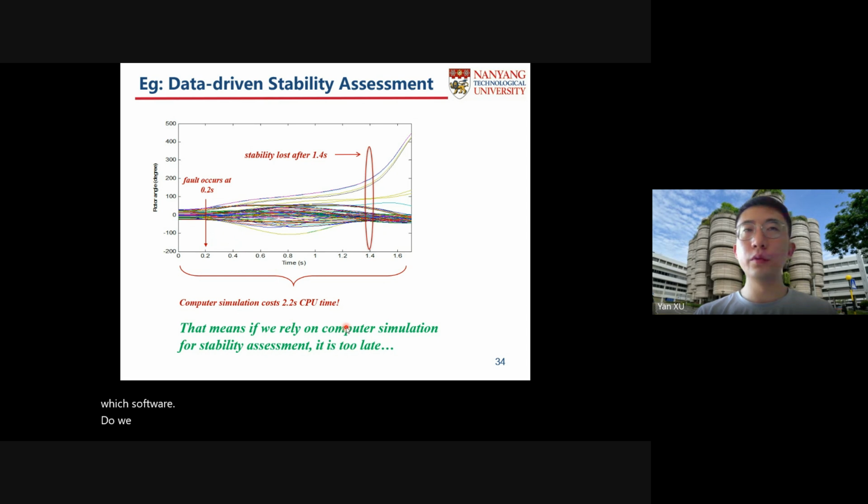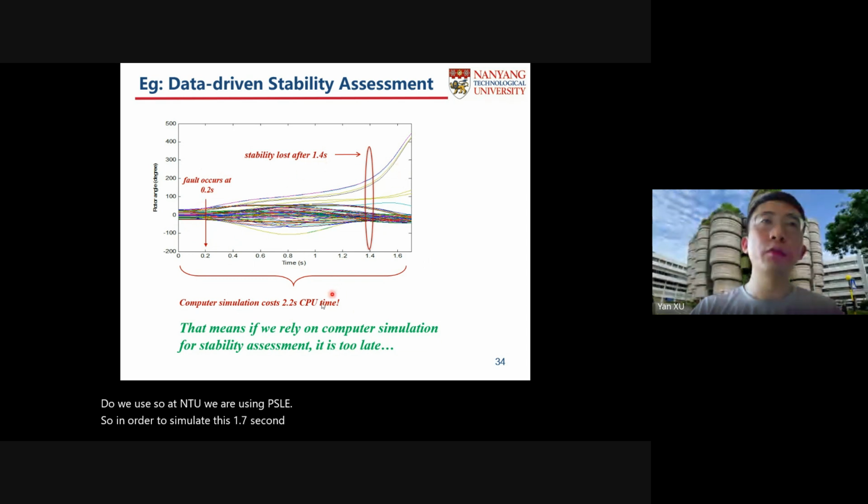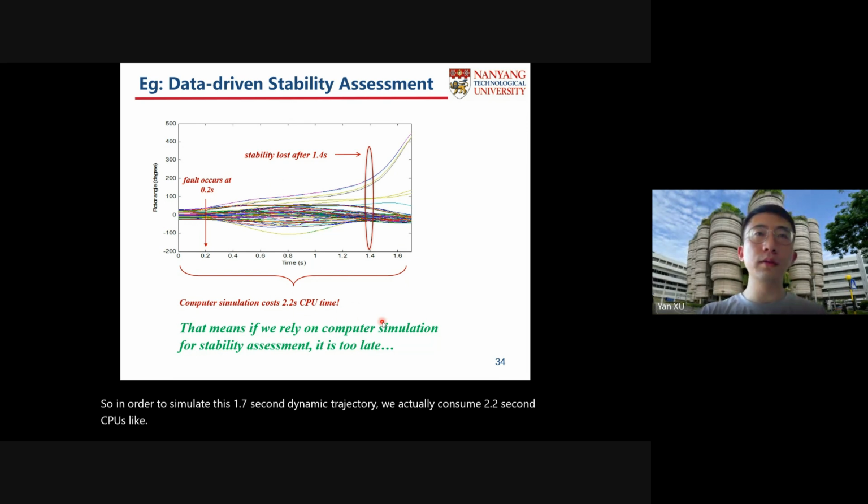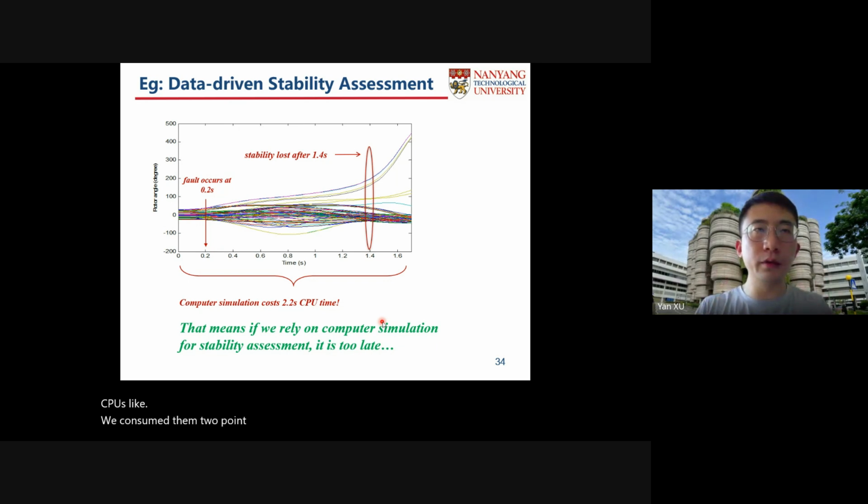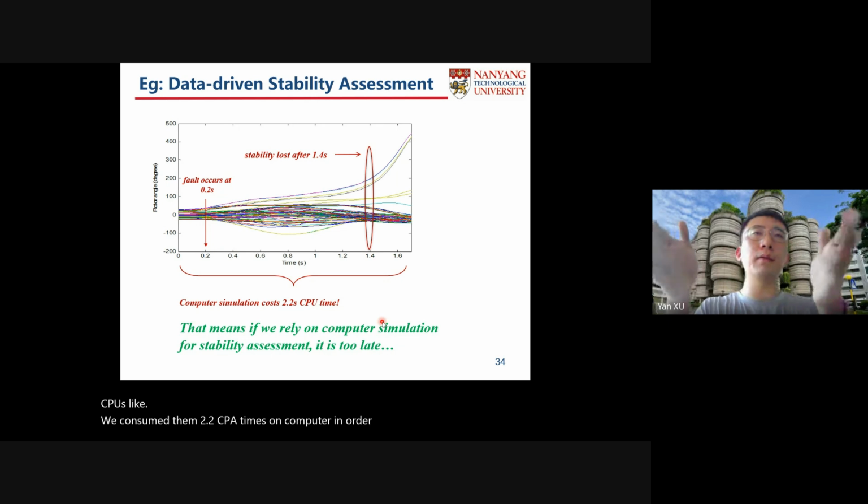So at NTU, we are using PSSE. In order to simulate this 1.7 second dynamic trajectory, we actually consumed 2.2 seconds of CPU time on the computer, just to simulate a 1.6 second trajectory.